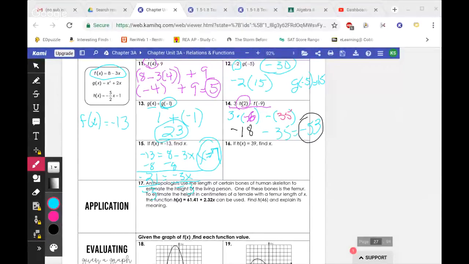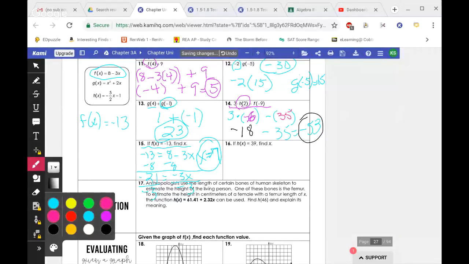I'll talk about it a little bit again with the problem in the background. In the problem itself, it's telling you that f of x equals negative 13, so I wrote negative 13 on the left side. But over here, it's told us that f of x equals 8 minus 3x, so I wrote that on the right side.